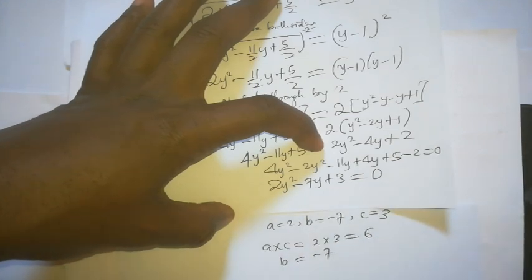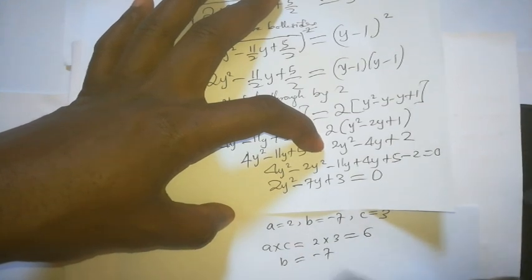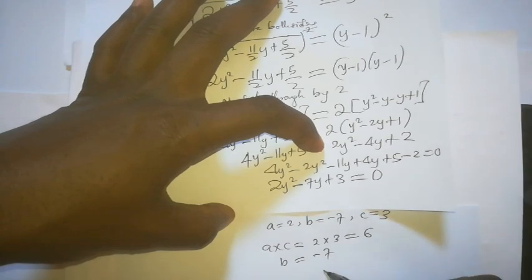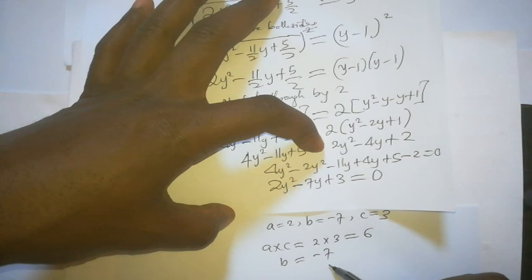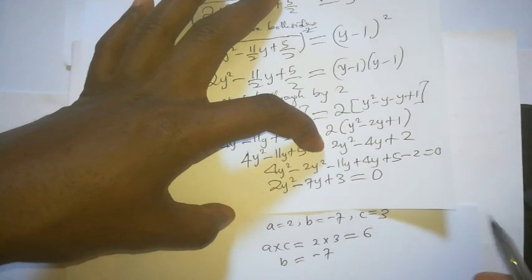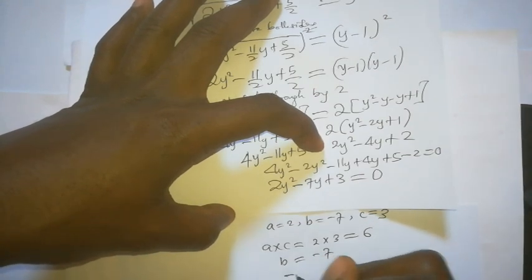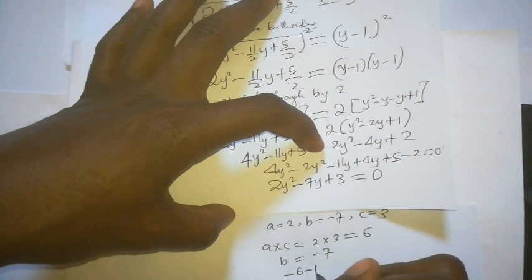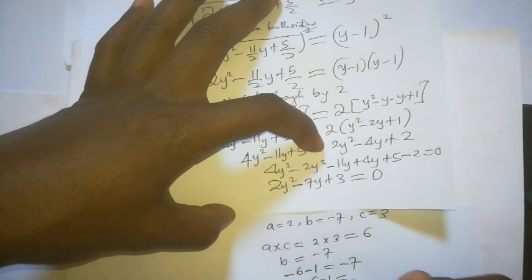So you think of two numbers that when you multiply will give you 6, and when you add them together you will have minus 7. If you look at it, the two numbers are minus 6 and minus 1. Minus 6 minus 1 will give you minus 7, and 6 times 1 is 6.